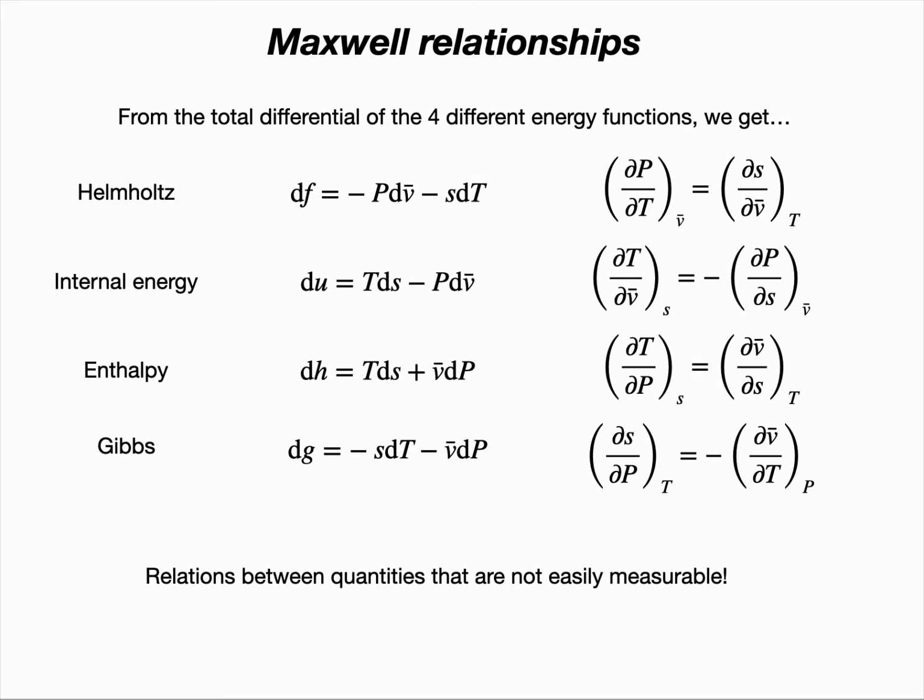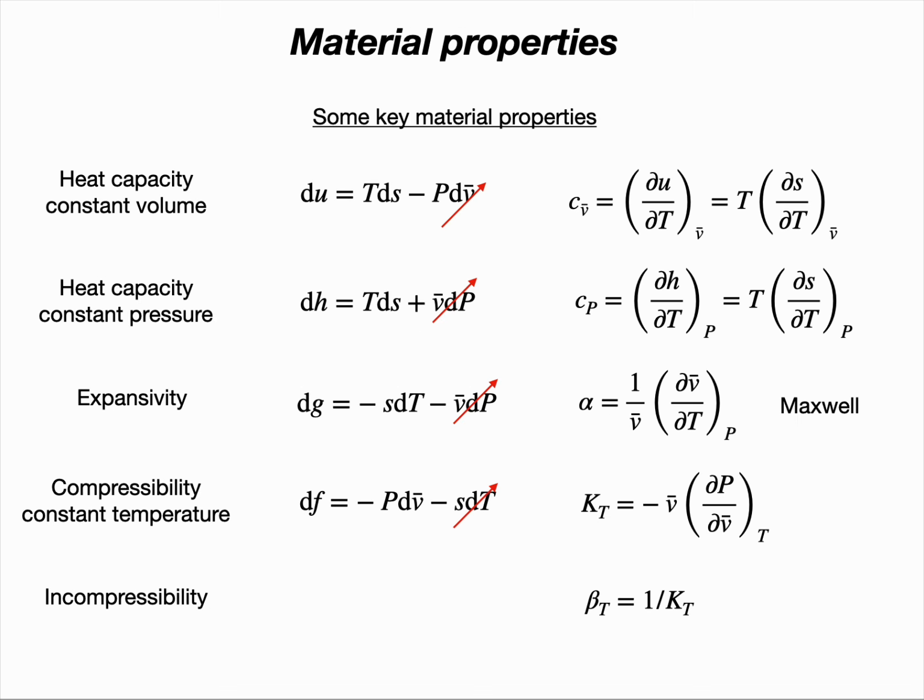Now, can we do a little bit more, or can we identify some important material properties? That's what we do on this slide here. Remember, in the previous lecture, we discussed heat capacity. And in the last lecture, we made a distinction between the heat capacity at constant volume and constant pressure.